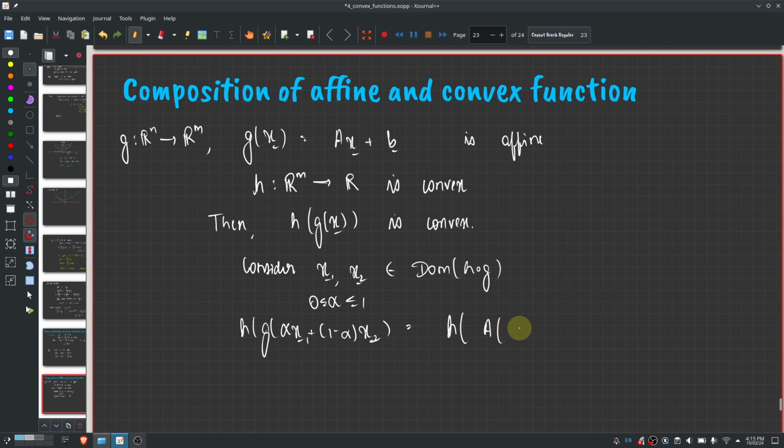So this is a times alpha x1 plus 1 minus alpha x2, plus b. What can I do next? This is of course equal to H of alpha times a x1 plus 1 minus alpha times a x2, plus b.